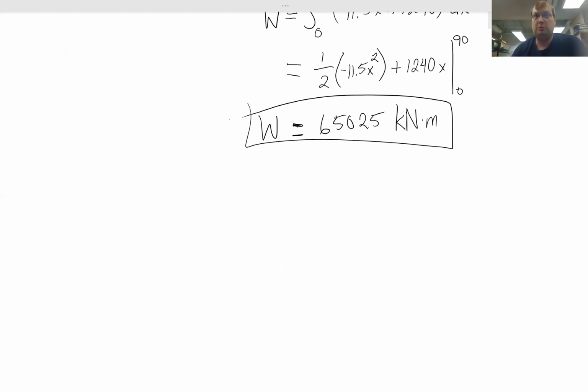The second question asks what is the speed at the end of the runway. Since we're utilizing a hydraulic catapult, we can again return to the definition of work being equal to a change in energy.